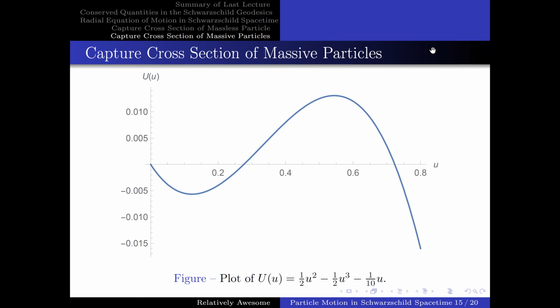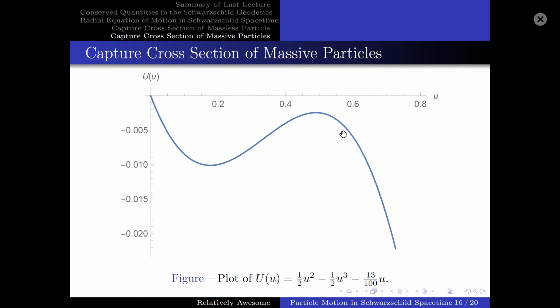When the term 2m squared over L squared is small, the contribution of this term does not make a huge difference, and thus the potential energy will look like the following. Thus, the maxima occurs when the value of the potential is positive. As we increase the term 2m squared over L squared, the height of the maxima decreases.